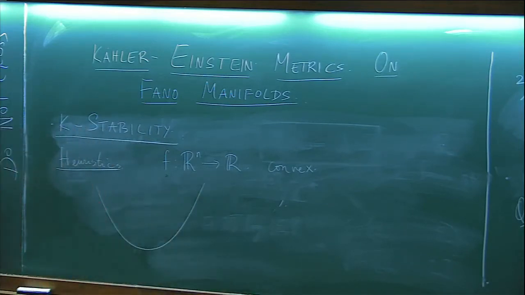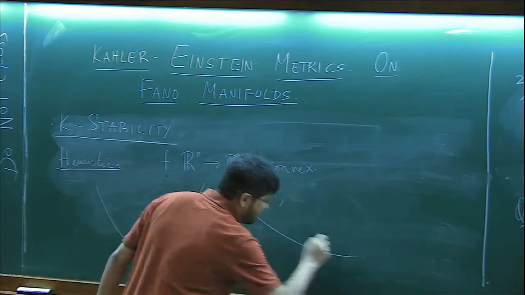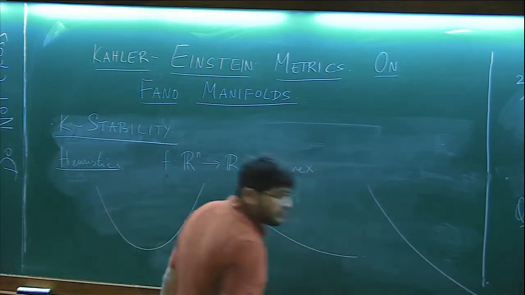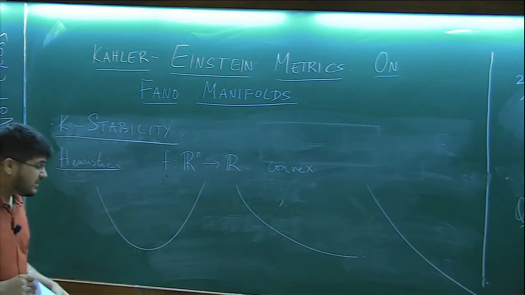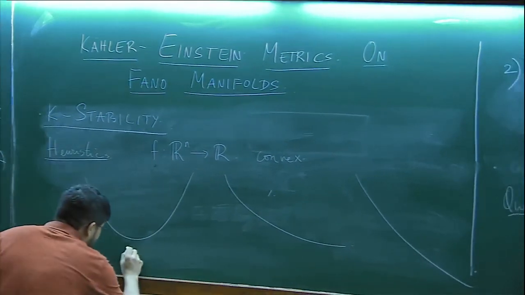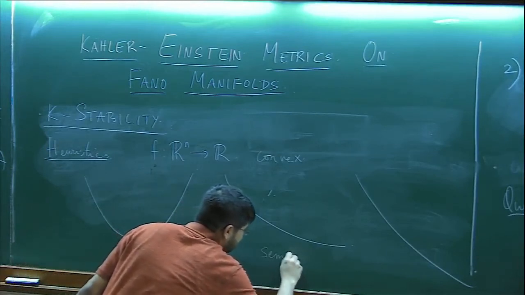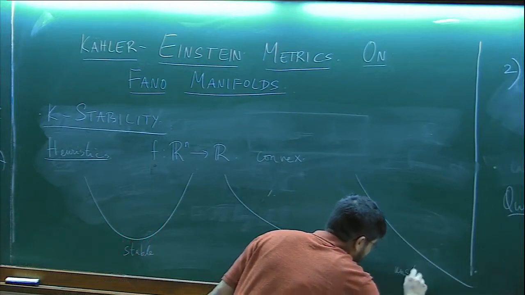You could either get lucky and the graph of f looks like this, in which case you do have a minimum, or you can have something like exponential decay, or you have something that goes off to minus infinity, right? So this picture is called stable, this is called semi-stable, and this is the unstable picture.